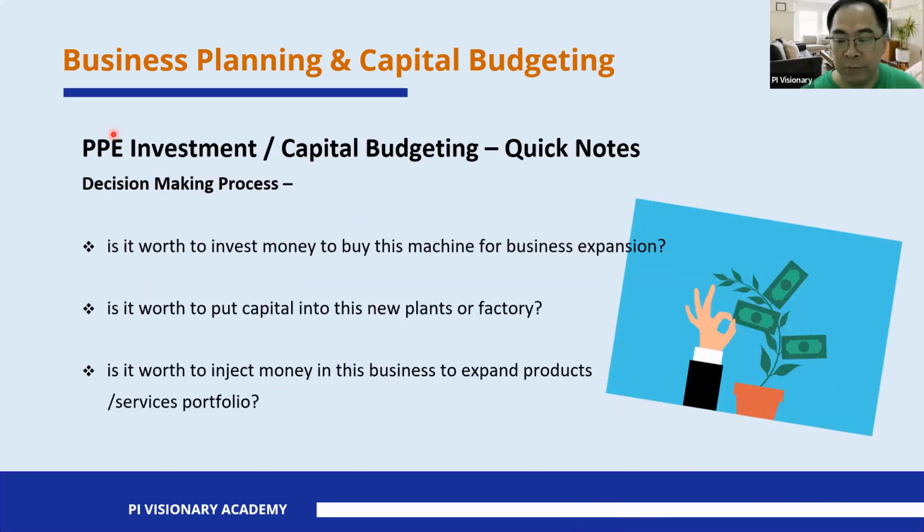So we talk about this investment plan to support the business. I give you a few examples: build a new factory, a new warehouse, buy a new machine, build a production line. All these are investments.